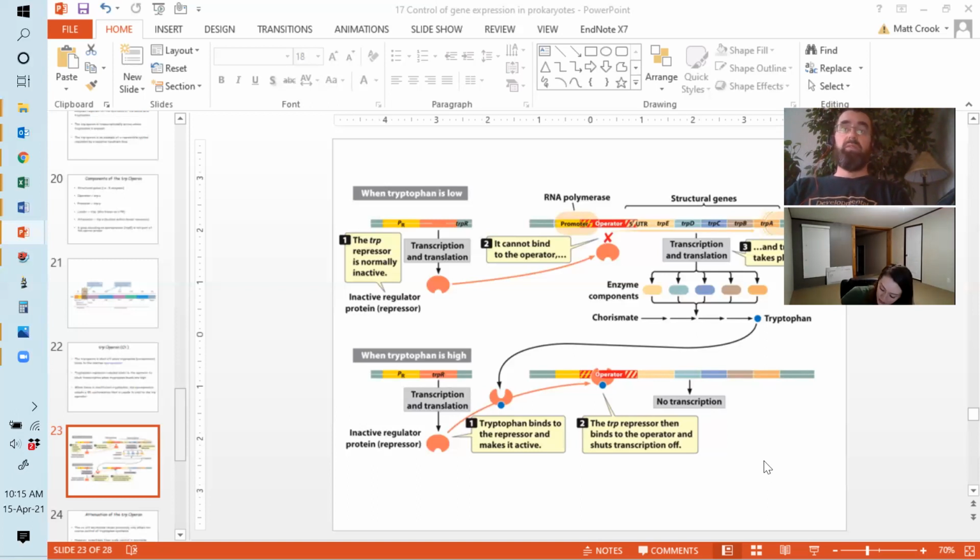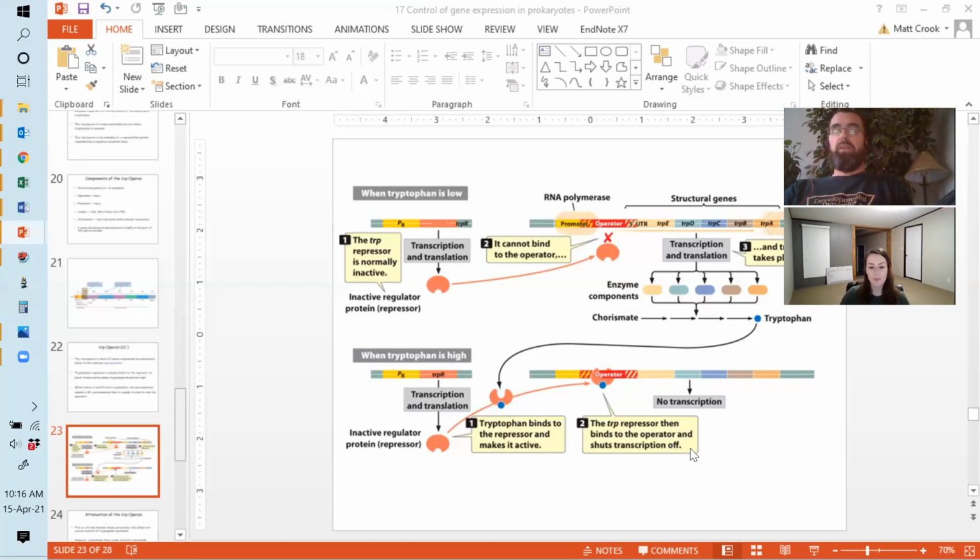The big difference between the lac operon and the trp operon is that in the lac operon, protein, LacI, will bind in the absence of lactose. With the trp operon, protein will bind only in the presence of tryptophan.